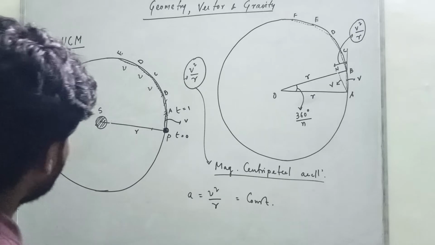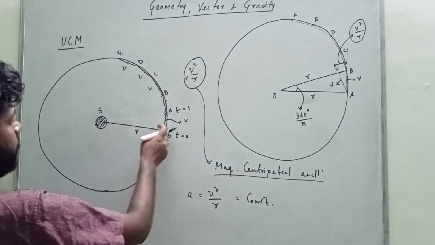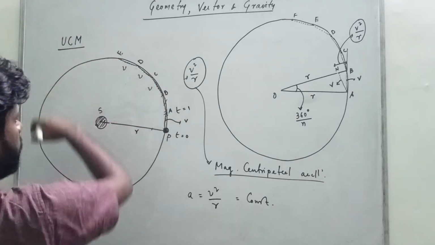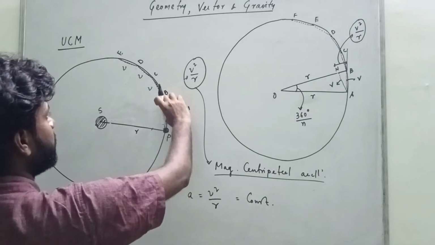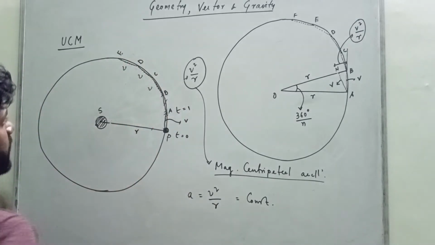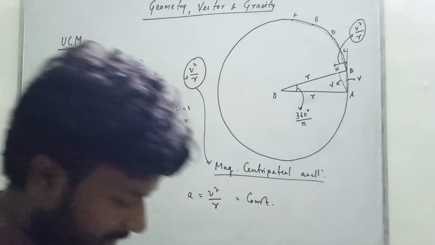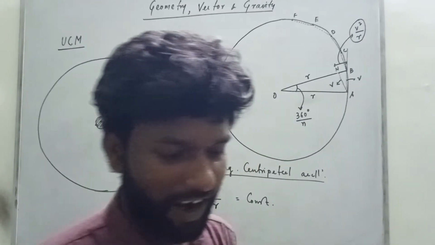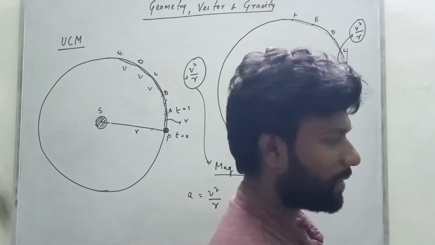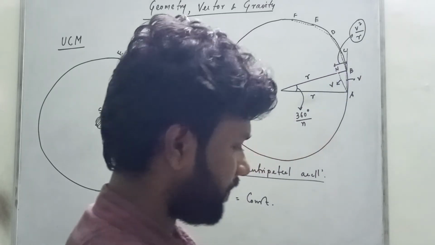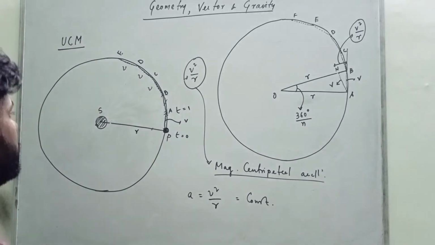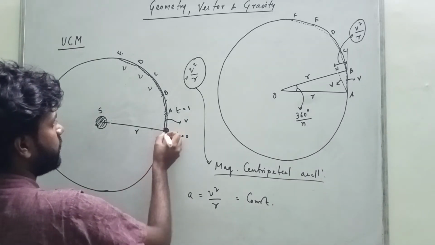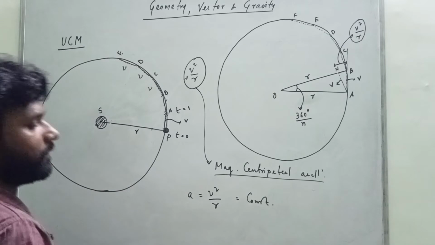Now this planet moves in a circular orbit with radius r with a constant speed v. It is actually a simplification of an elliptical orbit, but it is probably sufficient, right? The planet moves in a circular orbit around the sun.